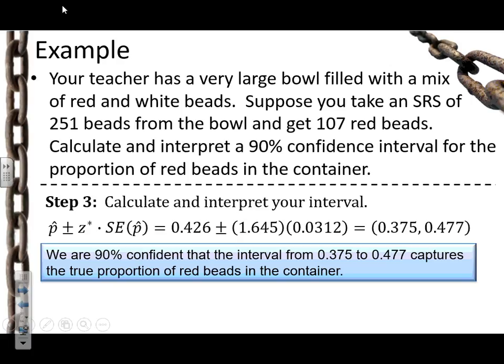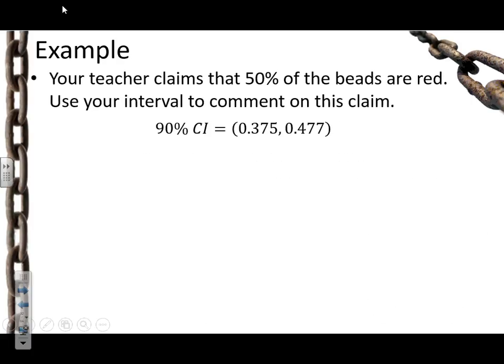We okay with that? Okay. So, using that interval now, the teacher claims that 50% of the beads in the bowl are red. Use the interval to comment on this claim.